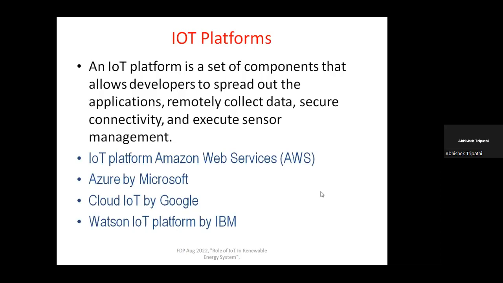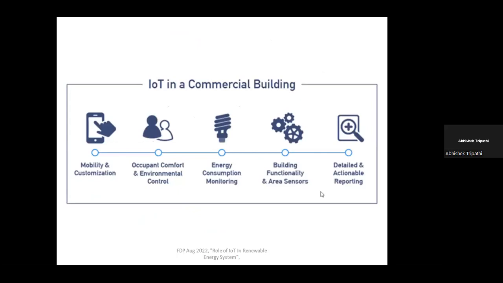Any user can use these IoT platforms to collect the data, establish the communication, and manage the sensor data. It is for one user, and also for multiple users. Multiple means billions of data can be collected in these types of platforms. That's why this is very important.